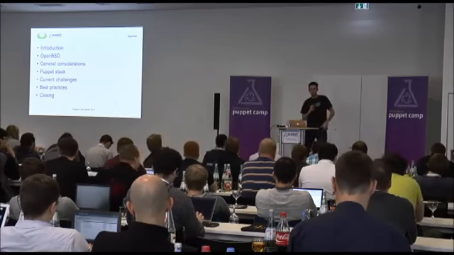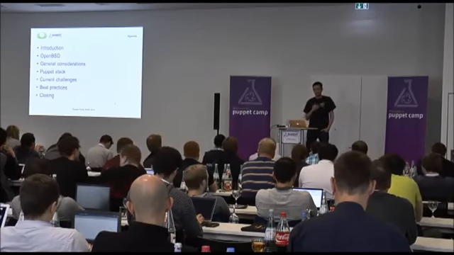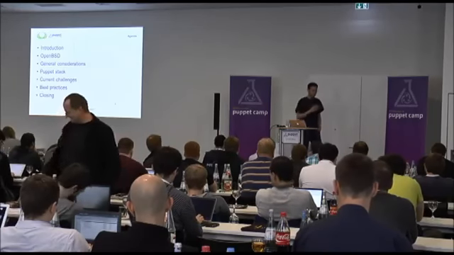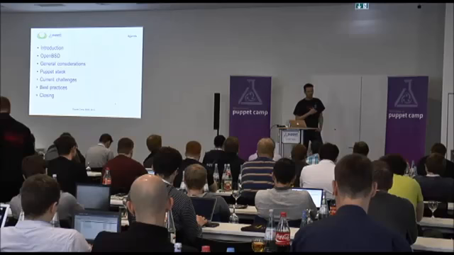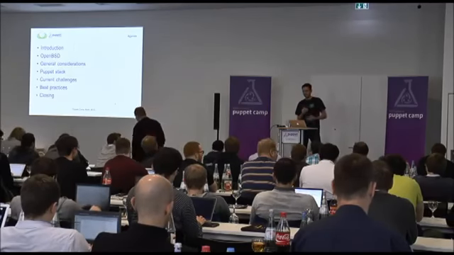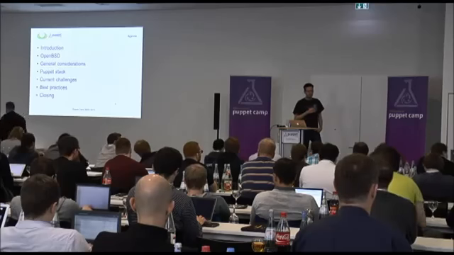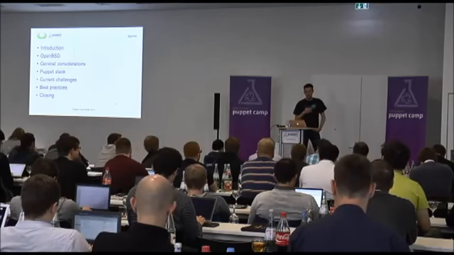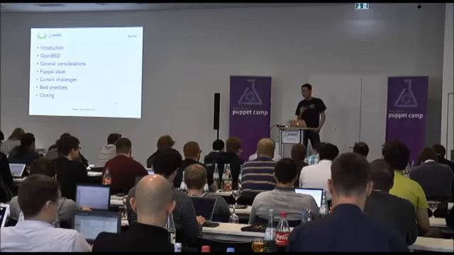Then some current challenges or outstanding tasks. Some small list of best practices that, even though they're generally quite trivial to adhere to, will make a tremendous difference in how portable your module is.